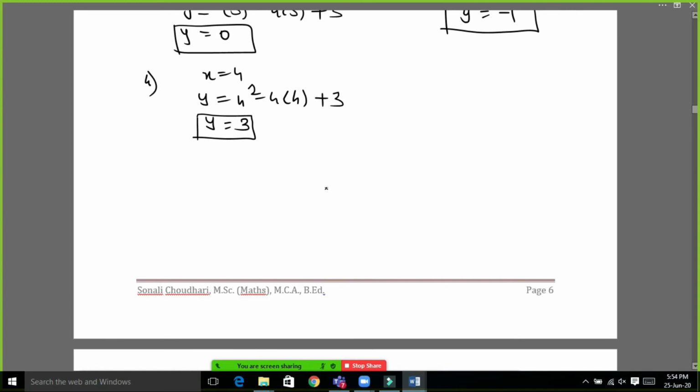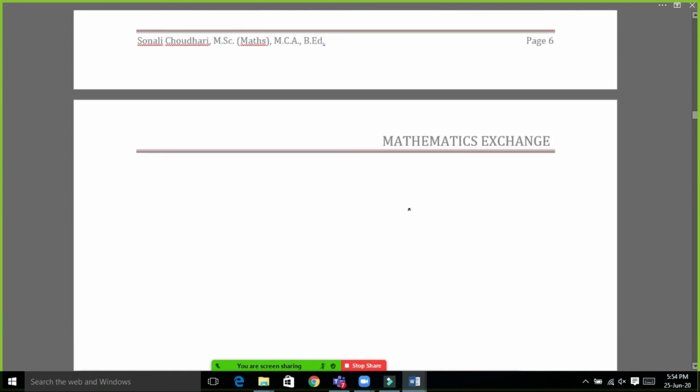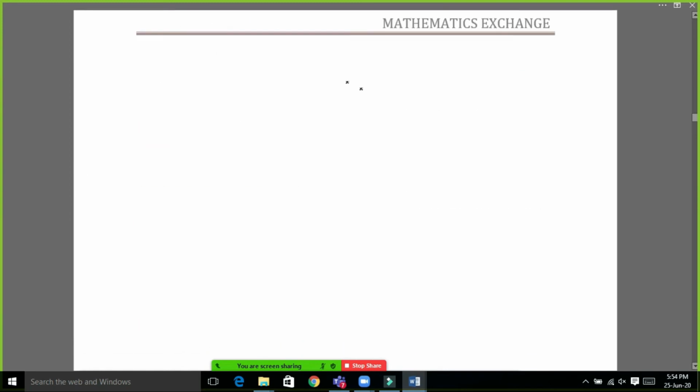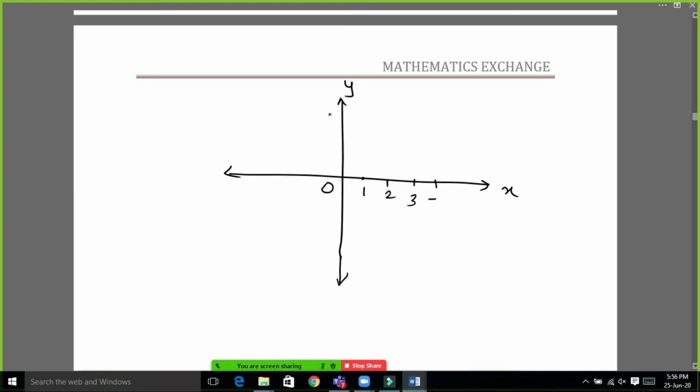Now we plot these points on the x and y axis. So let us plot these points, students. So this is the x and y axis, and this is the origin. On the positive x axis, 1 2 3 4 5.